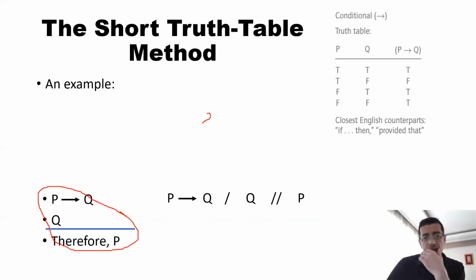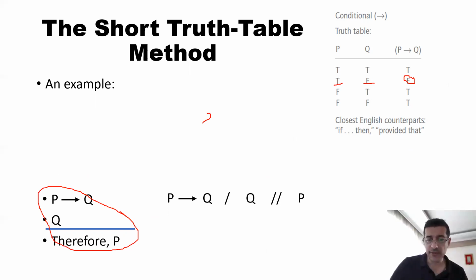Now, I have also placed the conditional truth table here for you. Remember that a conditional operator is only false if the antecedent is true and the consequent is false. And I keep repeating this because this is all we need to remember to be able to actually find the truth value or the invalidity of an argument here.